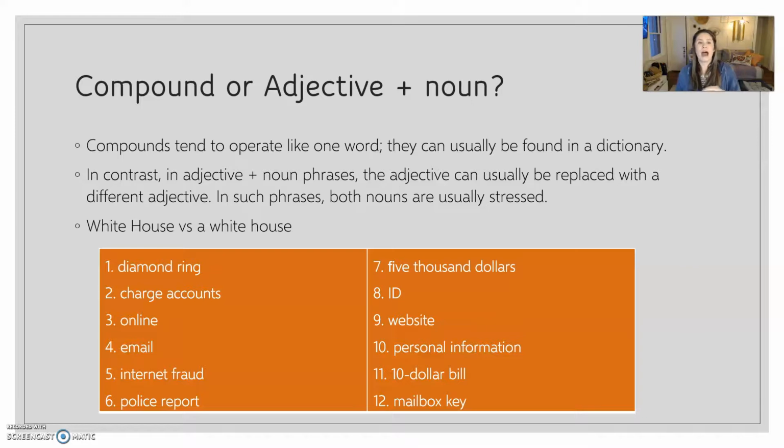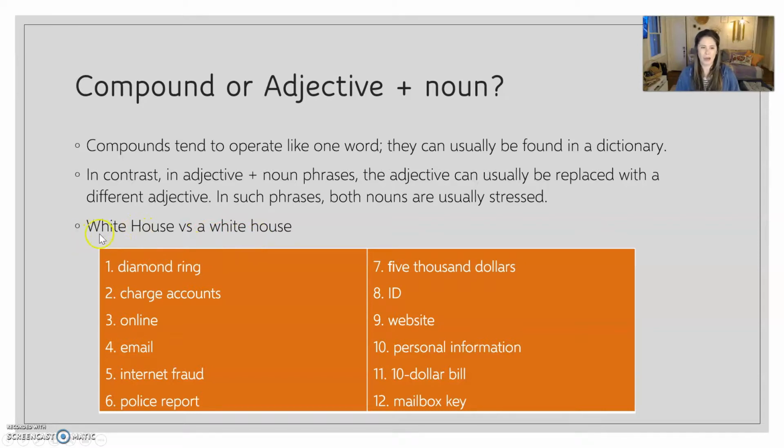However, we have some adjective noun phrases or adjective noun combinations. In this case, the adjectives can usually be replaced with a different adjective, and in this situation, both nouns are usually stressed. Here's a good example for you: White House versus a white house.